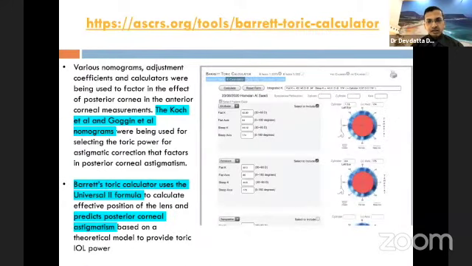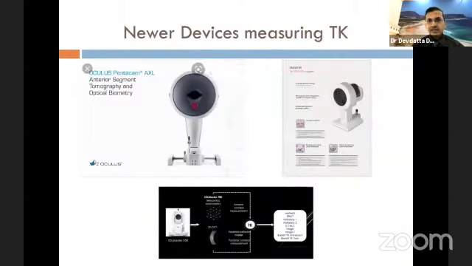Initially, various nomograms were recommended, like Gauguin and by Koch himself. But later on, the Barrett Toric calculator with the Universal 2 formula has eased our lives, and it calculates the posterior astigmatism based on a theoretical model. Even the latest machines like IOLMaster 700, Oculus Pentacam and Galilei G6 directly estimate the posterior corneal astigmatism.